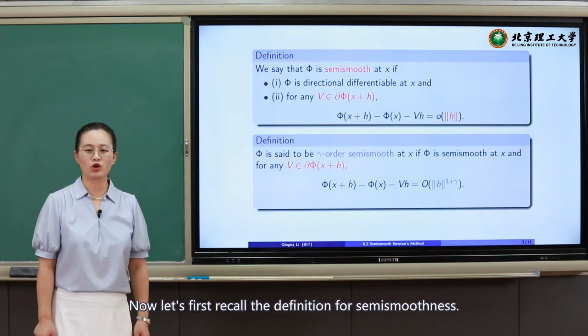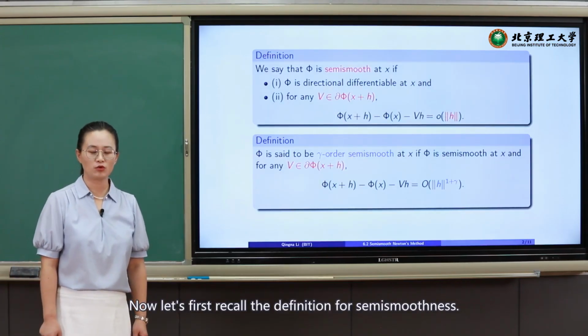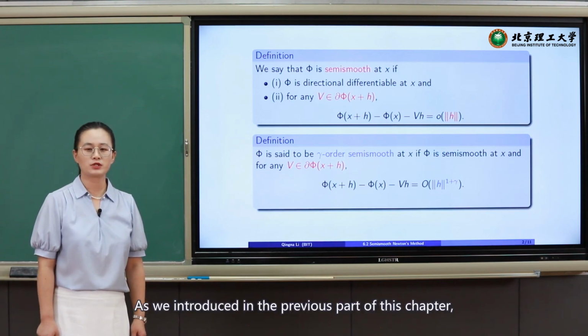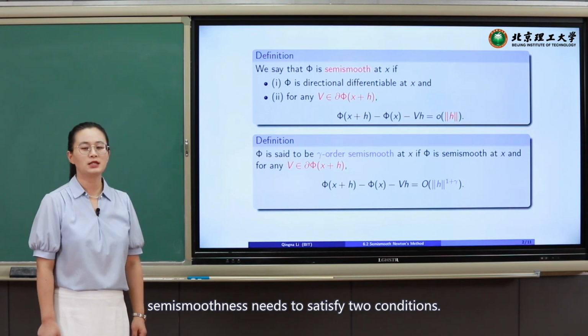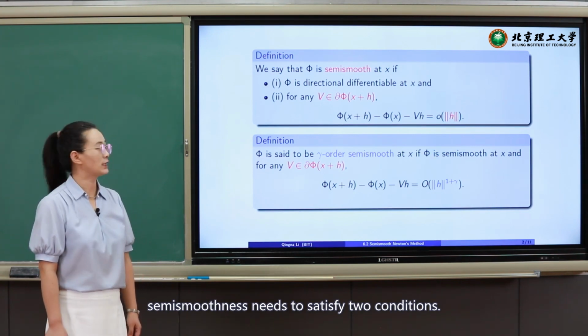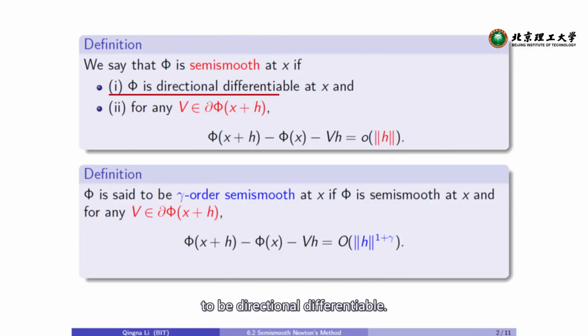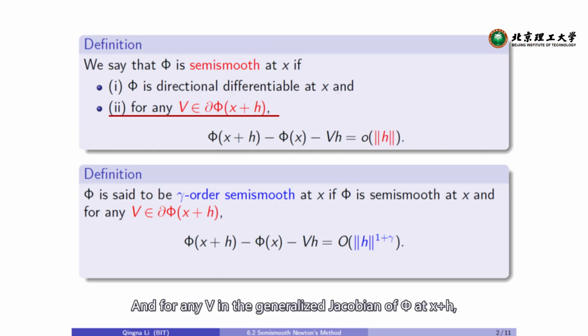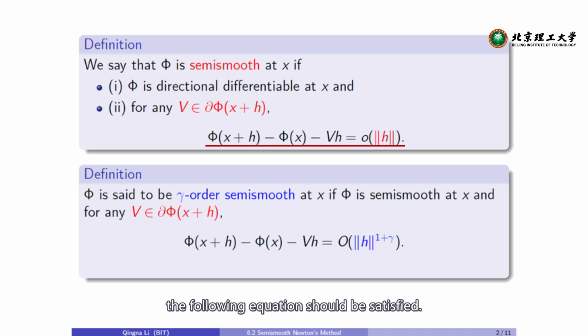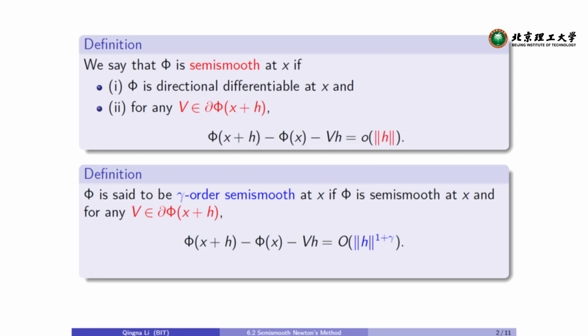Now let's first recall the definition of semi-smoothness. As we introduced in the previous part of this chapter, semi-smoothness needs to satisfy two conditions. The first is that we require this vector function phi to be directionally differentiable, and for any V in the generalized Jacobian of phi at x plus h, the following equation to be satisfied.